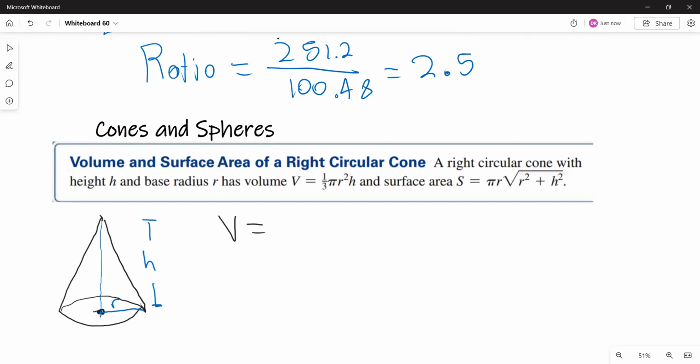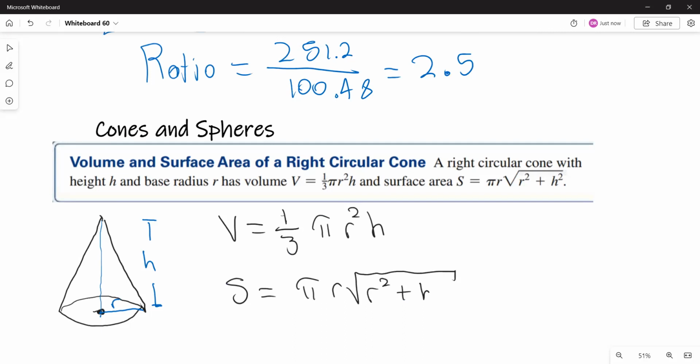The volume of the cone, and I'm not proving the formula because it's not as intuitive as the ones we did, is 1/3 times pi times r squared times h. And the surface area is pi times the radius times the square root of the square of the radius plus the square of the height.